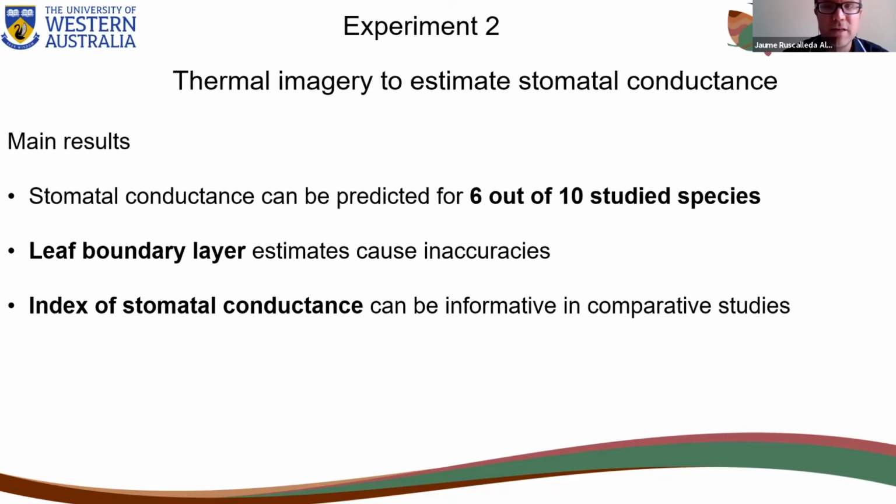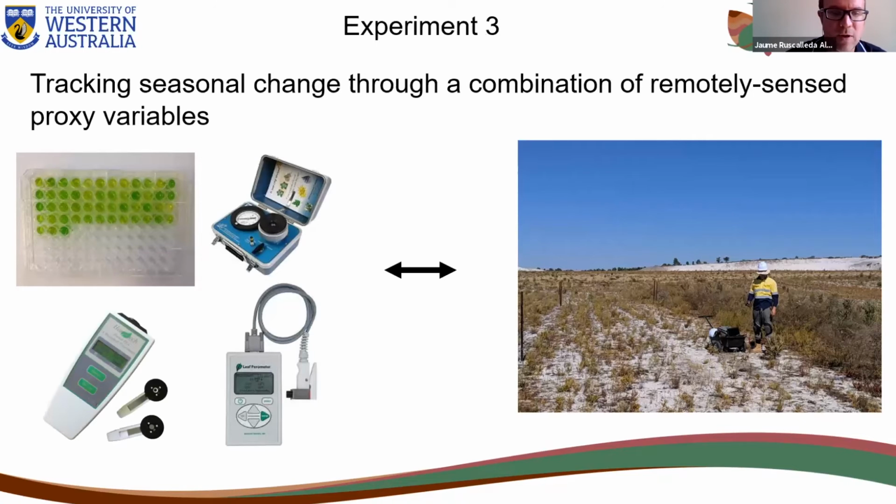In our experiment, we said, okay, we're going to see whether these methods that seem to work reasonably well in the glasshouse, how do they work in real life conditions? So we went out to a restored mine site here, 40 kilometers north of Perth, and we tracked seasonal change in 5 different species of plants using the traditional ecophysiological methods that are able to characterize that seasonal change very precisely.